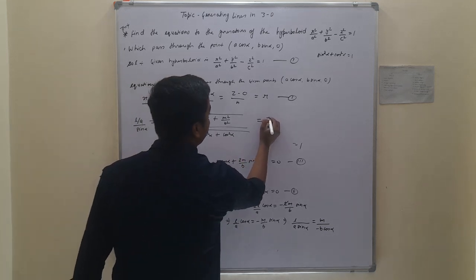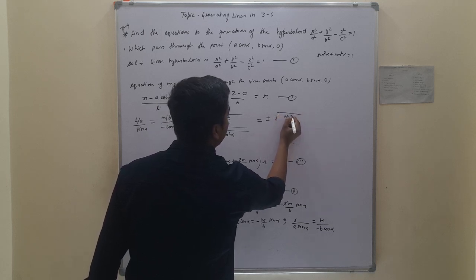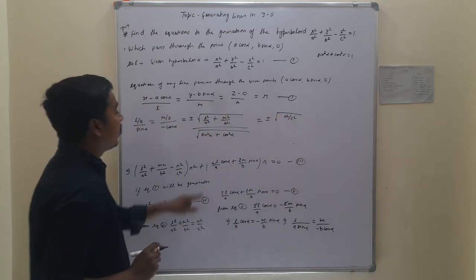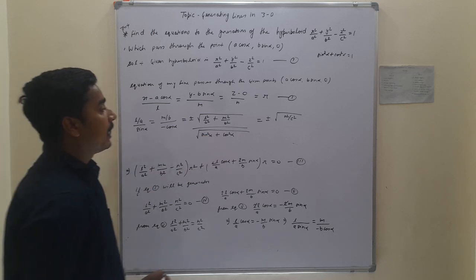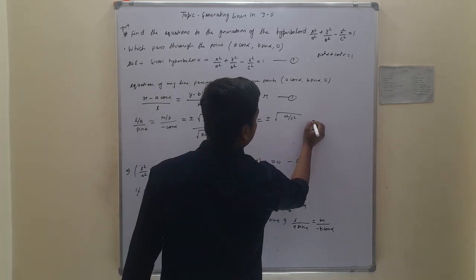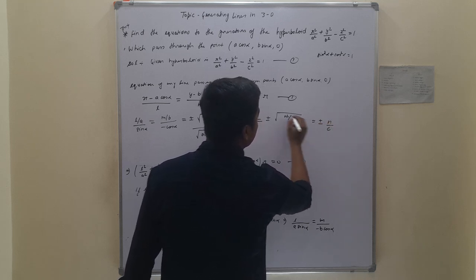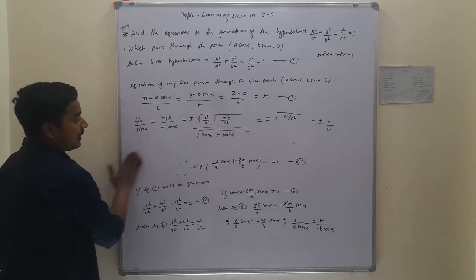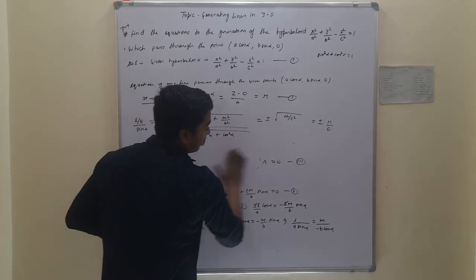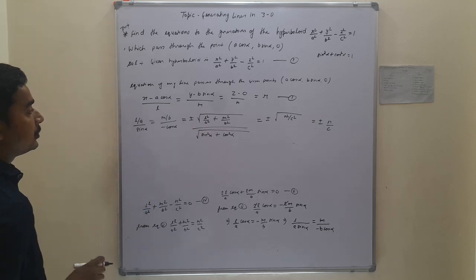So we write plus minus of under root of N square upon C square, and the value of sin square alpha plus cos square alpha is 1. Further, taking the square root, this is plus minus of N upon C.